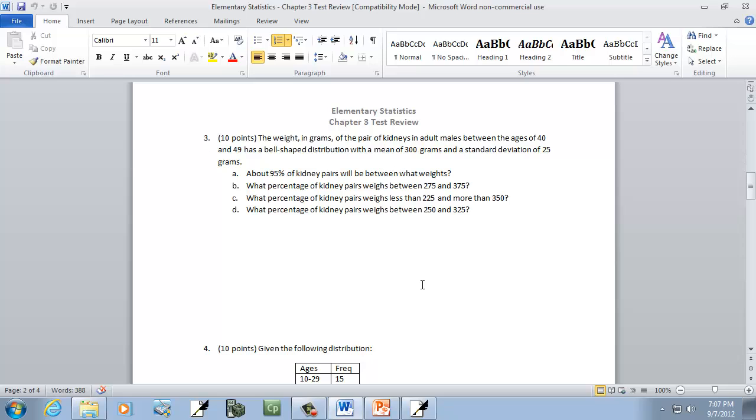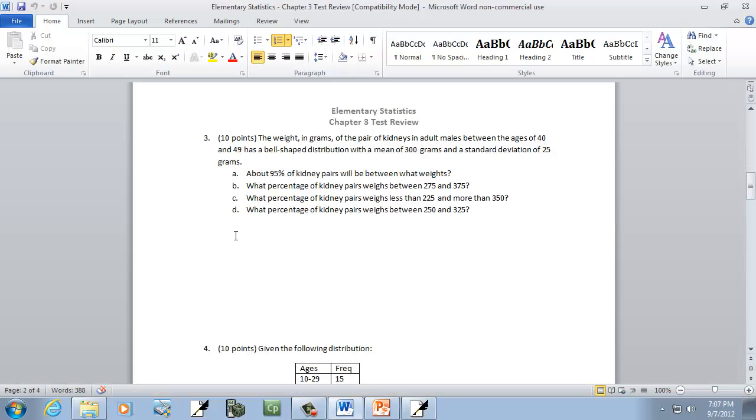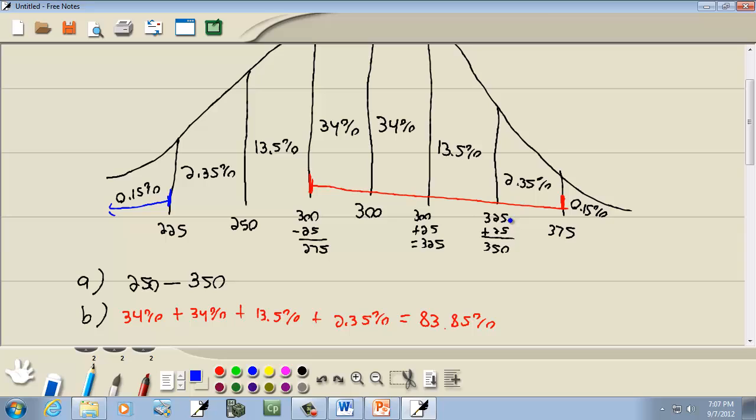Okay. C. What percentage of kidney pairs weigh less than 225 or more than 350? Let me mark that first. Less than 225, well, that'd be everything going that way. And more than 350. Where's 350 at? Here's 350. So more than that would be going like that.